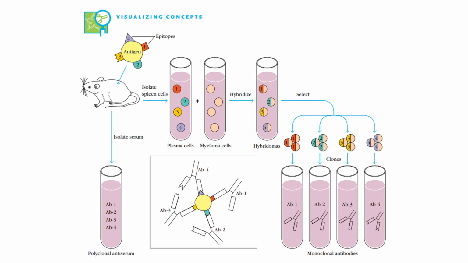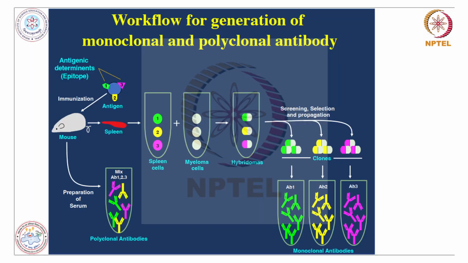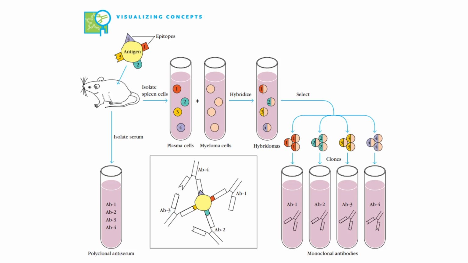In the generation of monoclonal and polyclonal antibody, the workflow is like this: first we need to inject the mouse with the required antigen, which has multiple epitopes. Like it has four different types of epitopes, one, two, three, and four. We have injected this mouse with the antigen.